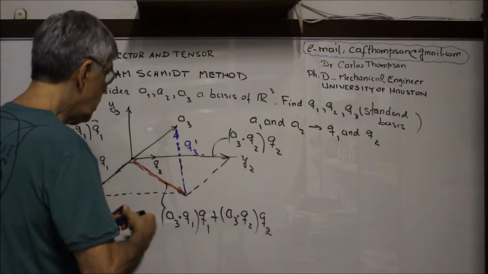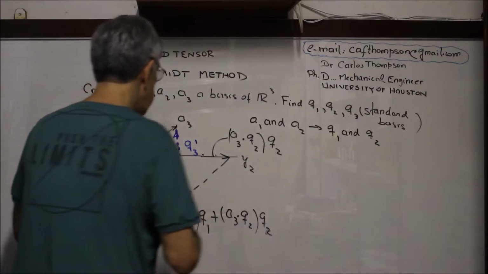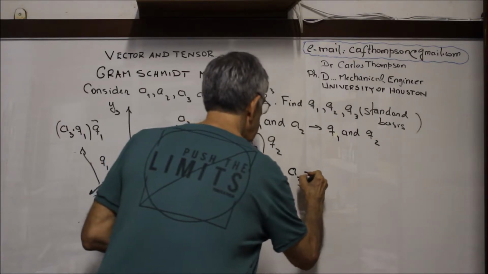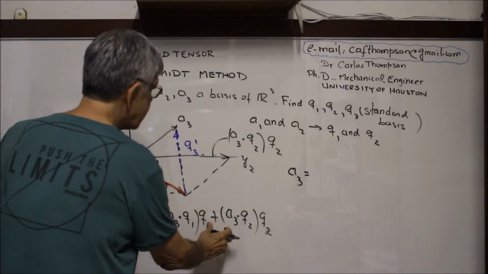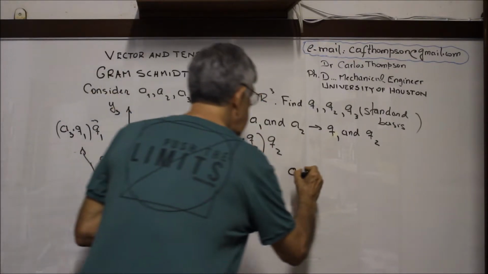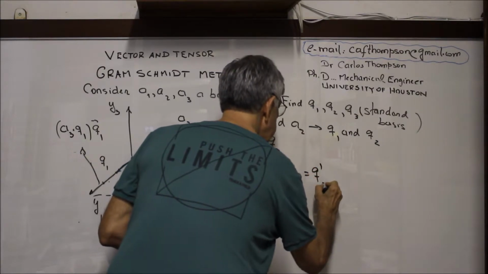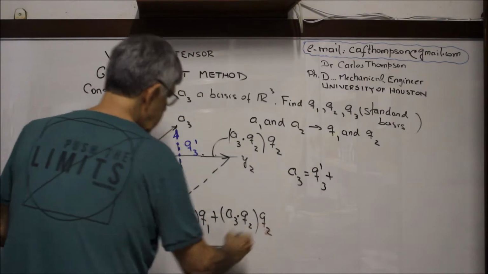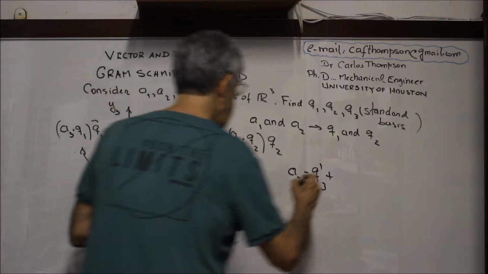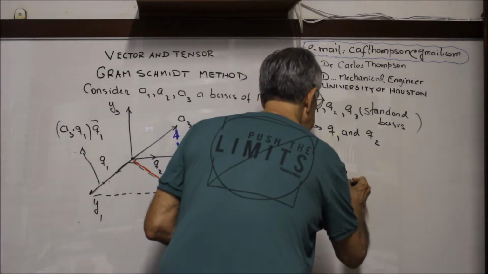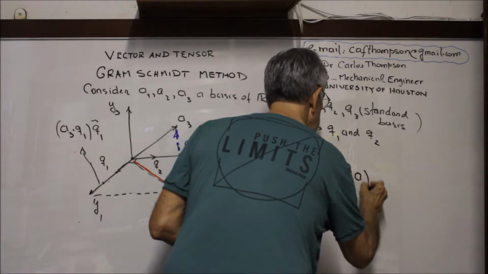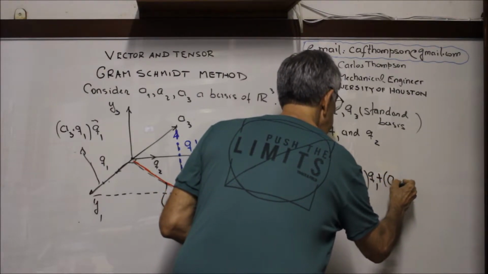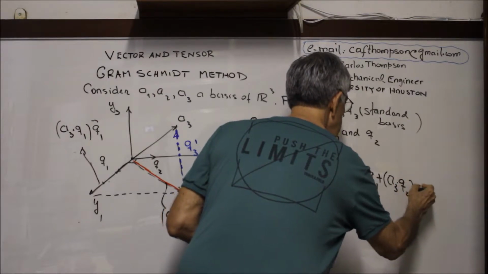So A3 is equal to the sum of Q prime 3 plus this resultant here, A3 dot Q1 times Q1 plus A3 dot Q2 times Q2.